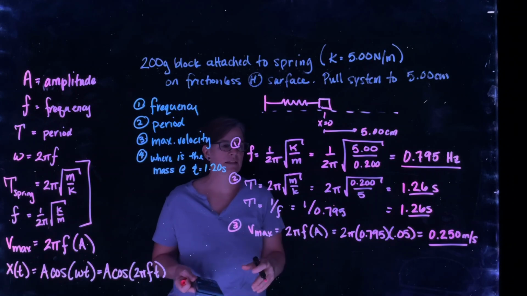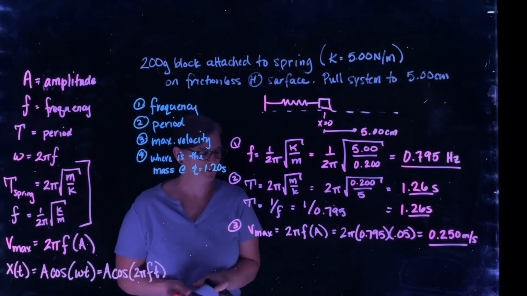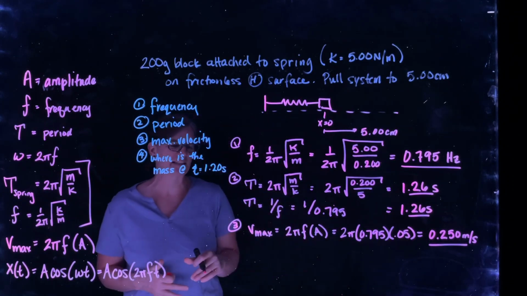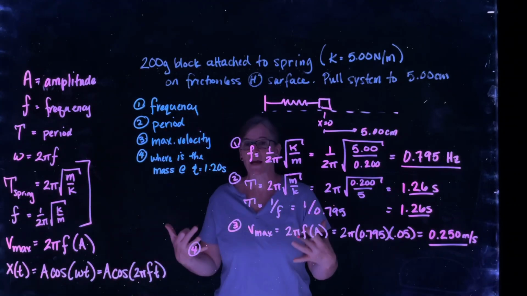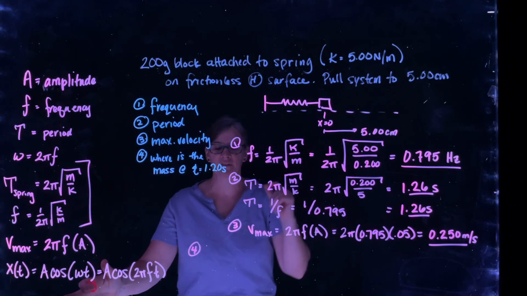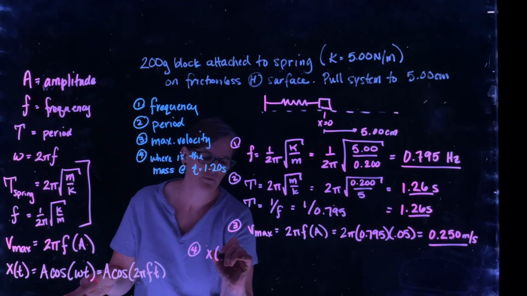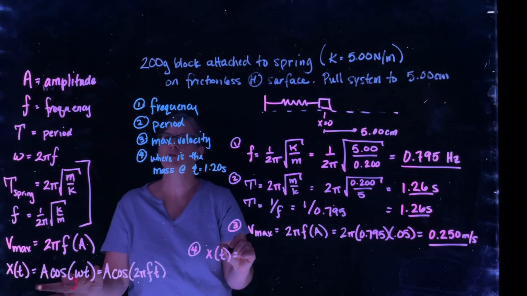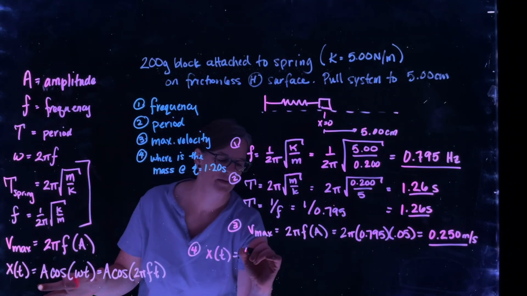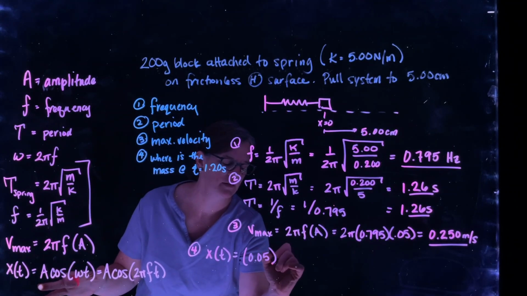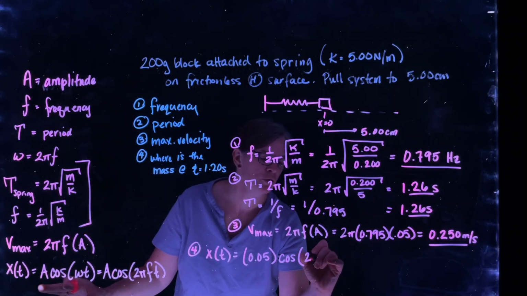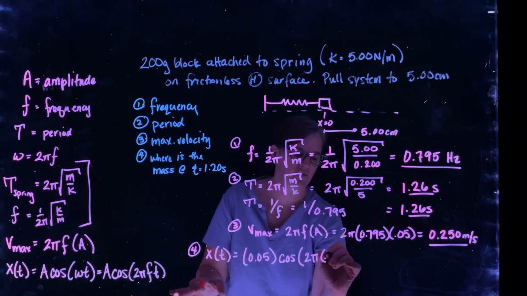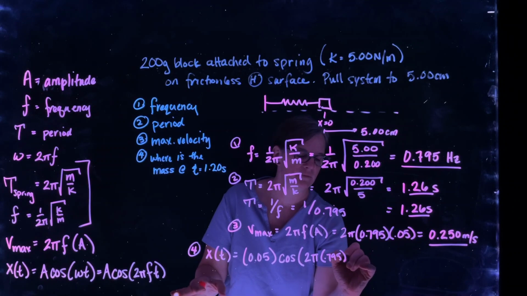Make sure I'm still on screen. Perfect. So again, utilizing that new equation that we learned in our last video, but in this situation. And then what about its position? Well, now we can write the equation of motion for our specific situation. So our equation of motion, x of t, is equal to the amplitude, which we know to be 0.05, times the cosine of 2 pi times the frequency, which is 0.795, times time.